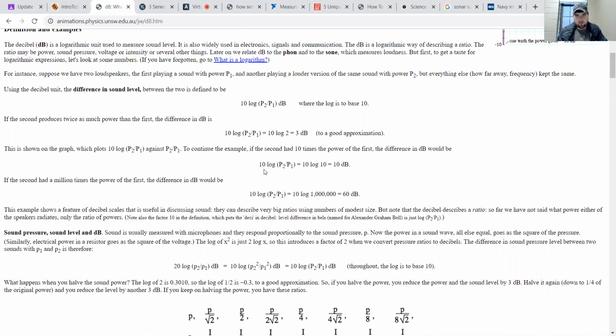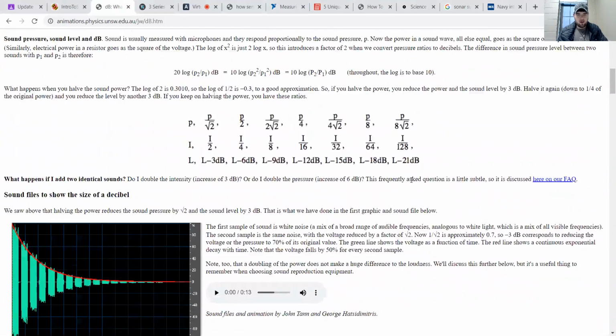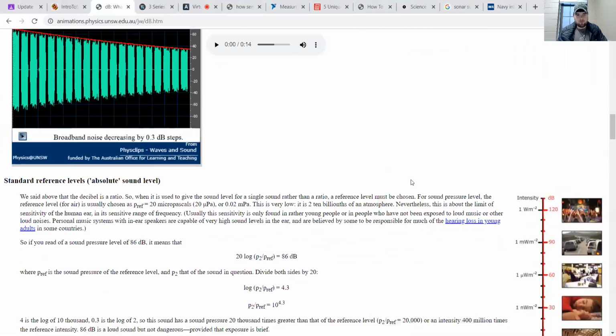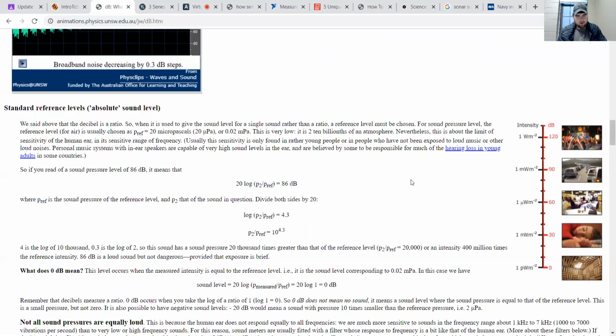So for example, if there's a sound that has 10 times the power of the first, the difference will be 10 decibels, because it's 10 times the power of the original sound, if that makes sense. This is also in effect due to the drastic differences in how sound is perceived, if that makes sense.